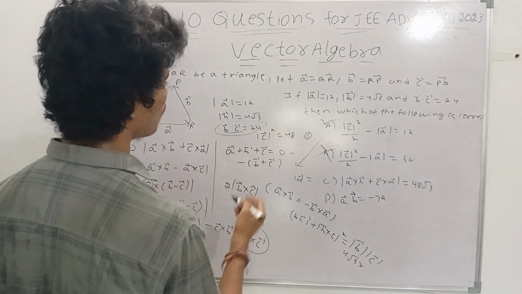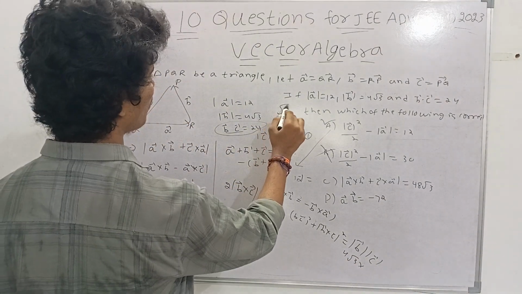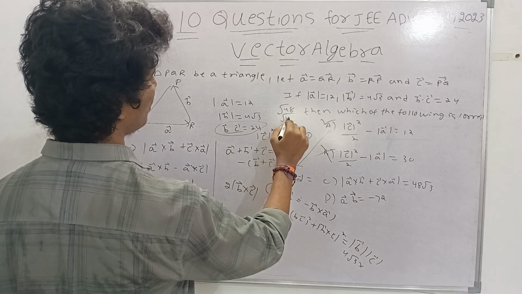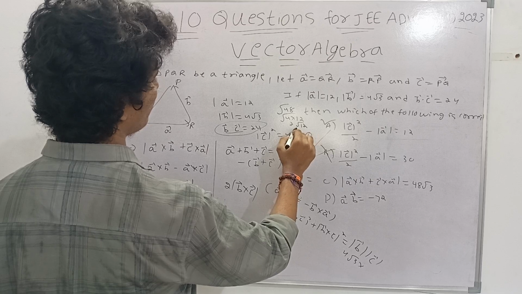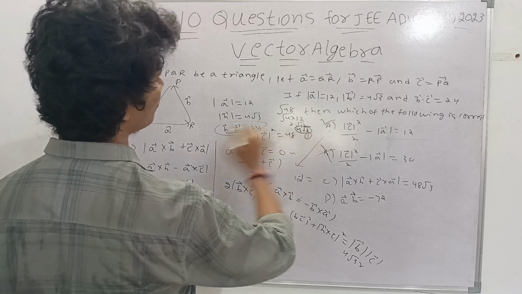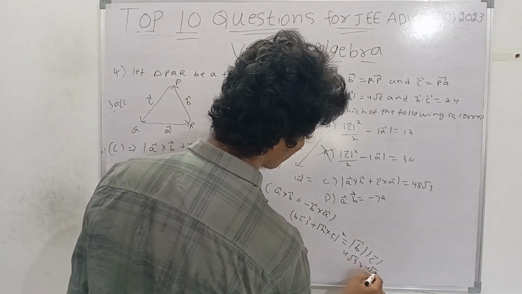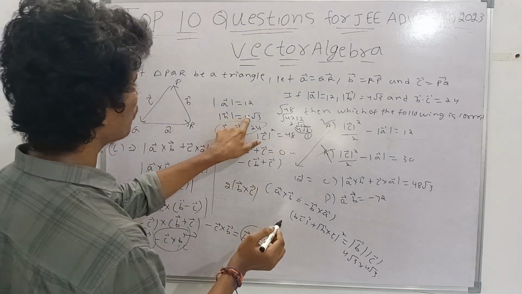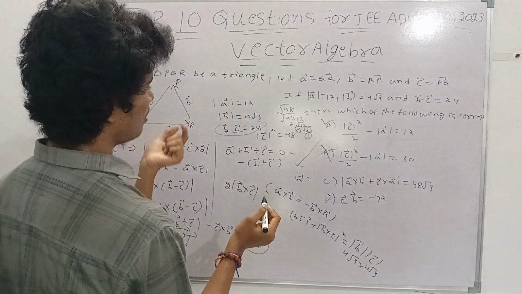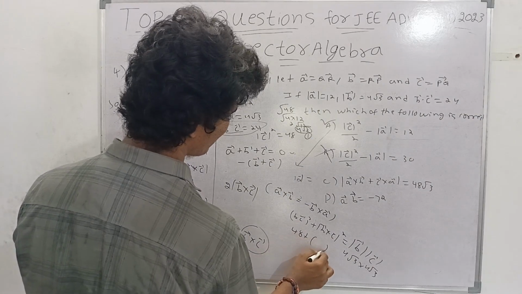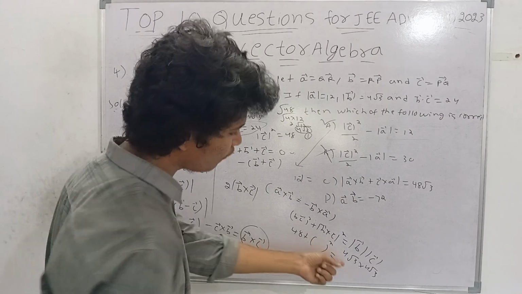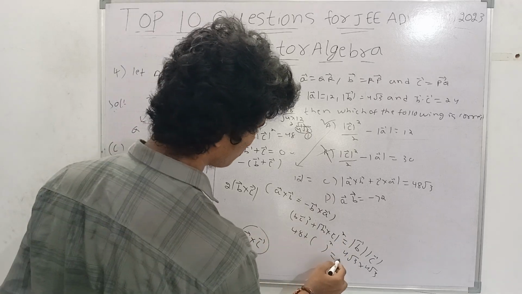Its square is 48, so it is root of 48. If we take 4 as common, it is 2 root 12, which is 4 root 3. So 4 root 3 into 4 root 3. And here B dot C is 24, and 24 square is 576.